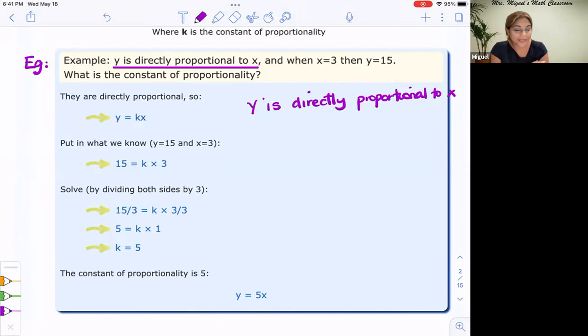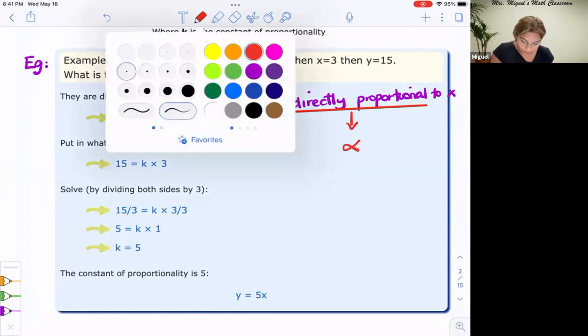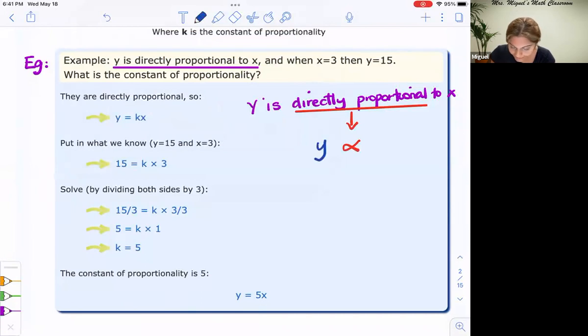I cannot do anything with that. So, you see this word? This word has a symbol. So, this means this symbol. So, y is directly proportional to x. So, this is my second line. Write it.